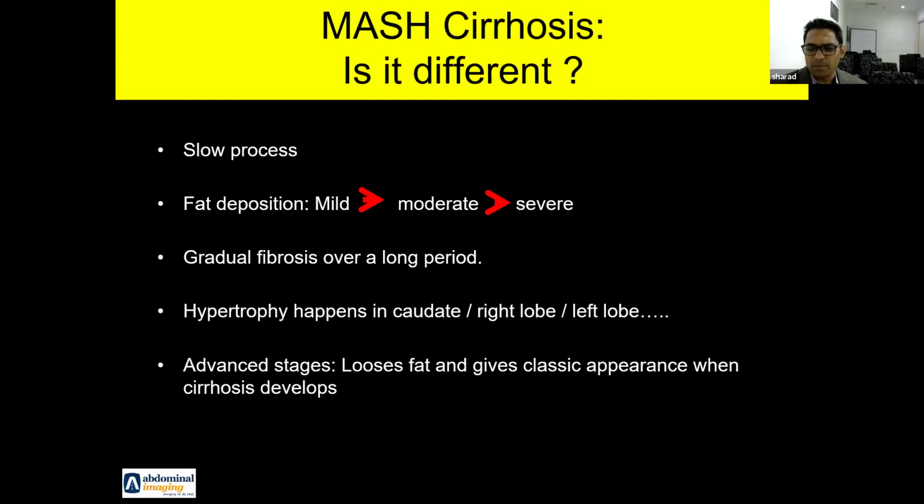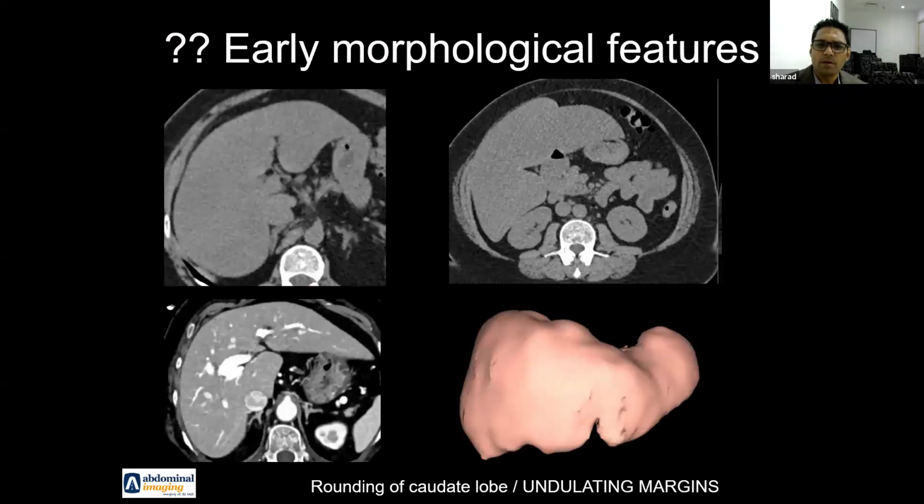So initially the liver becomes enlarged. You can see the right lobe going downwards, the caudate lobe is enlarging, getting more rounded. But over time, when cirrhosis starts setting in, the liver starts losing fat. So this is how advanced fatty liver disease would look like.